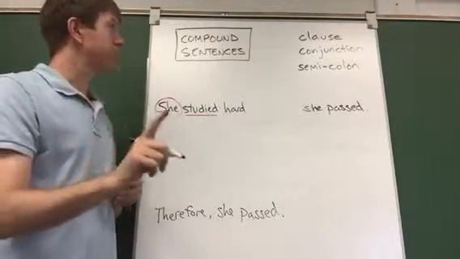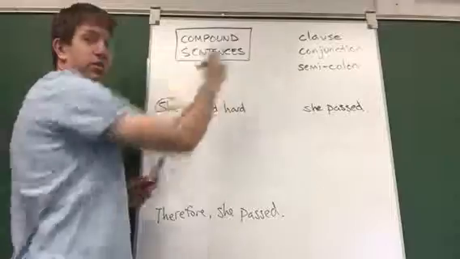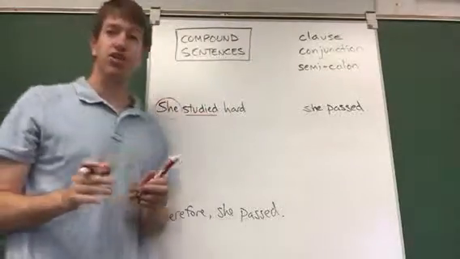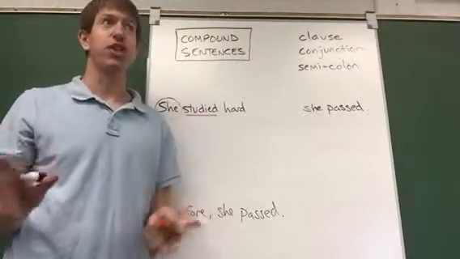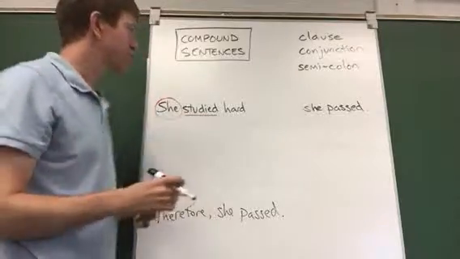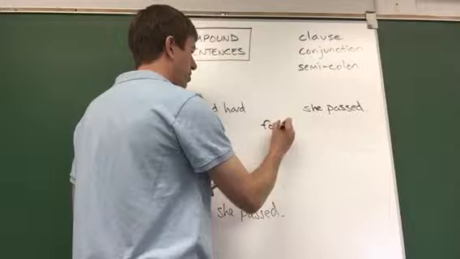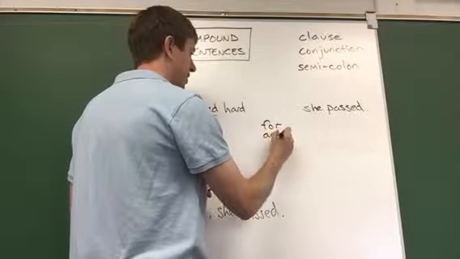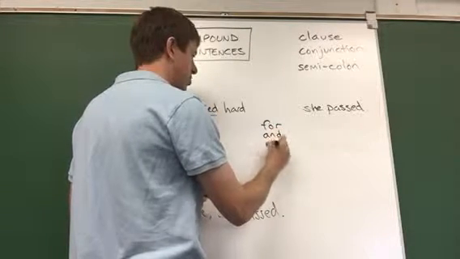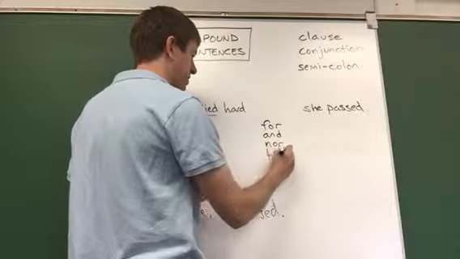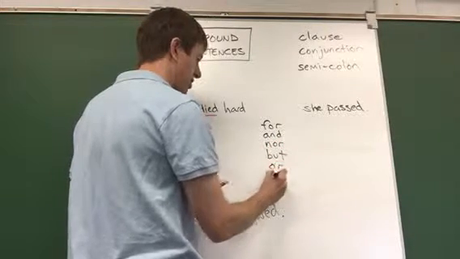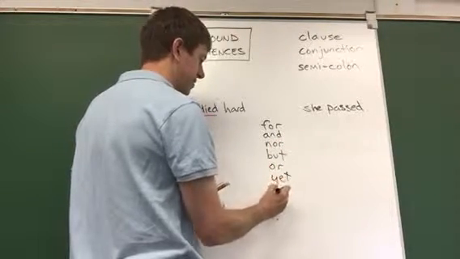Way number one to do it is by using a conjunction. And in English, there are only 7 conjunctions, only 7. So let's write those 7 right here. For, and, nor, but, or, yet, so.